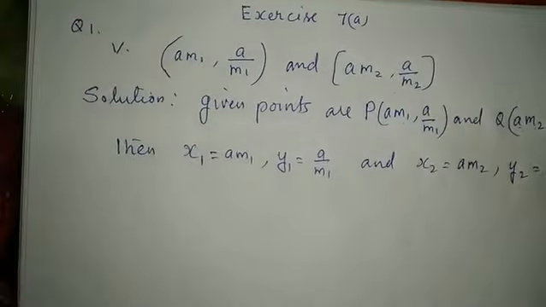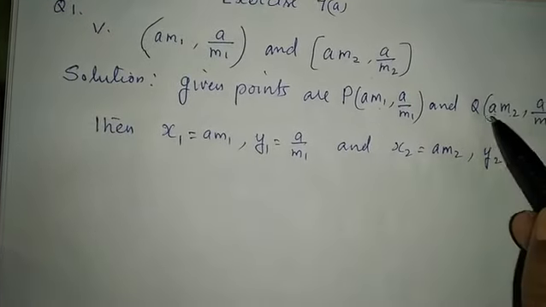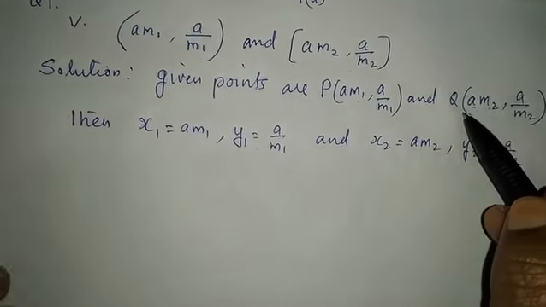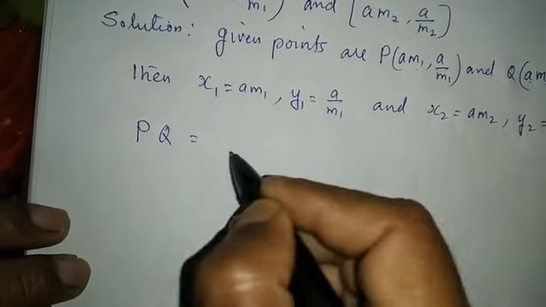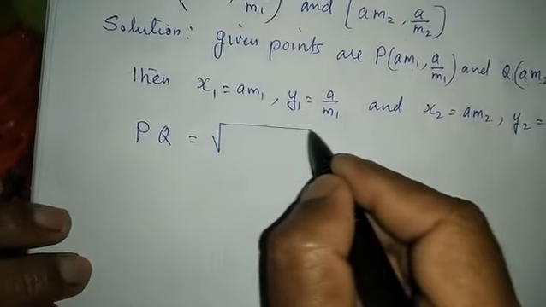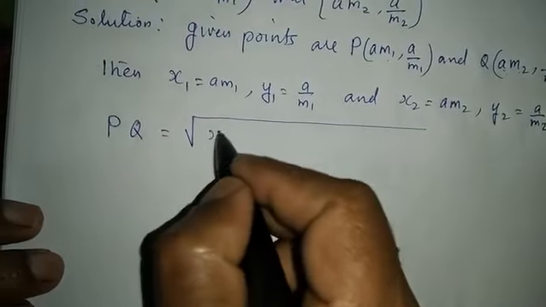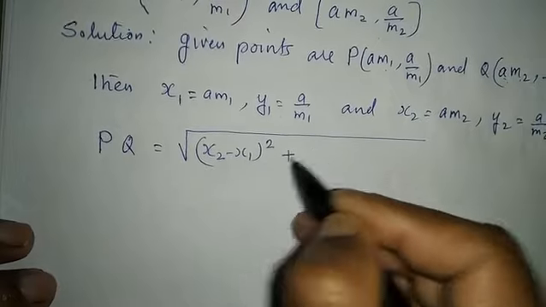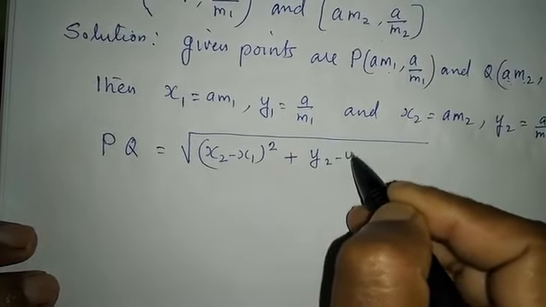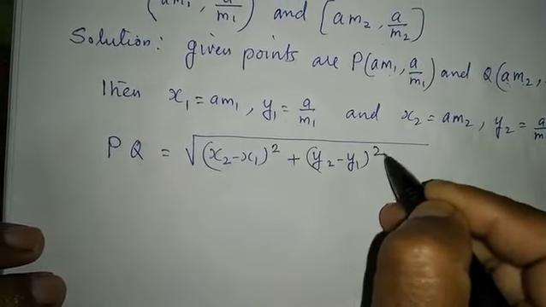Now let's find out the distance between these 2 points P and Q by using the distance formula. PQ is equal to square root of (x2 minus x1) all square plus (y2 minus y1) all square.